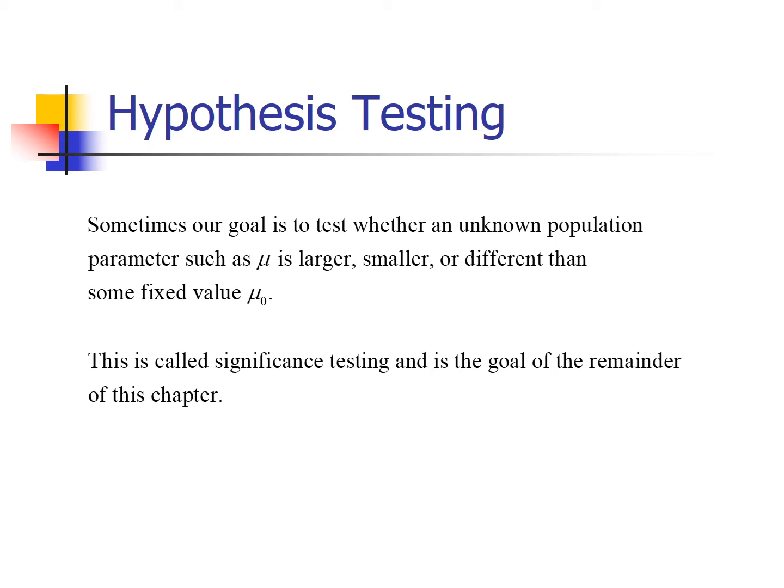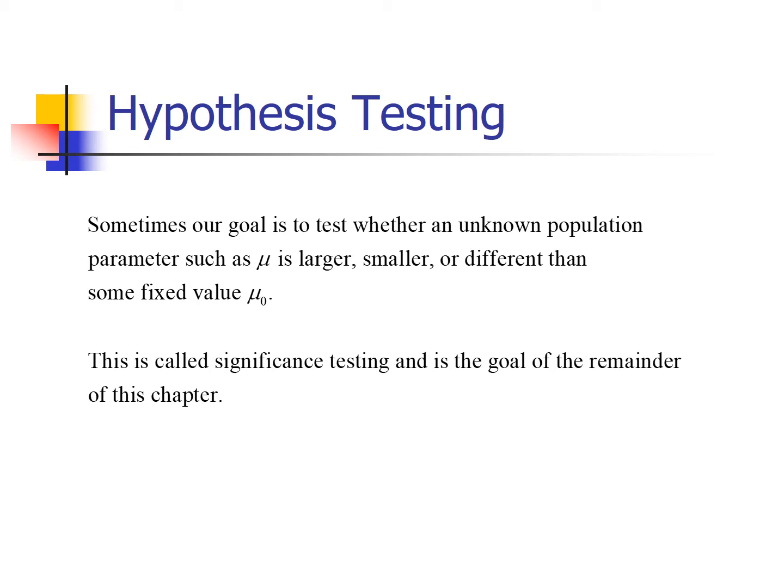Some fixed value, some actual number that we're going to, in its general form, call mu naught. That little 0 is like nothing, and so there's that word naught, where they say, oh man, all that hard work and it was all for naught. That means it was all for nothing. So we verbalize that as mu naught.